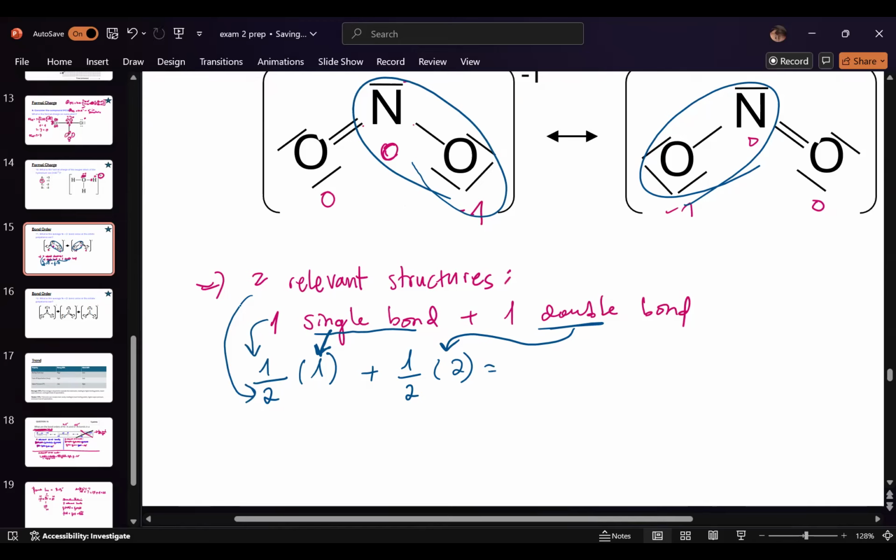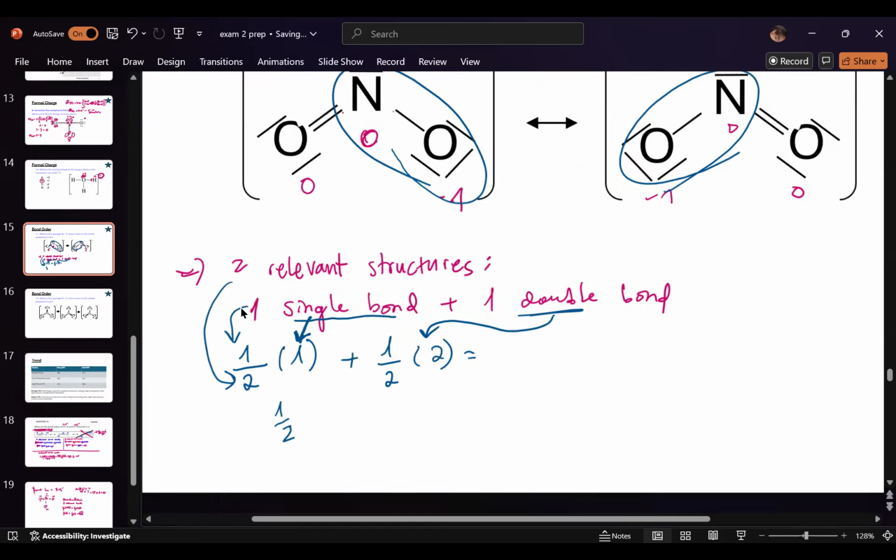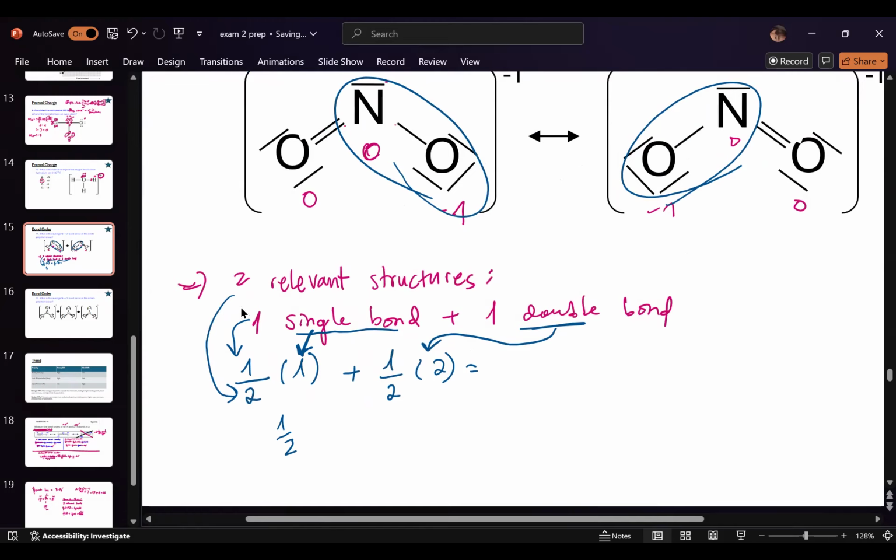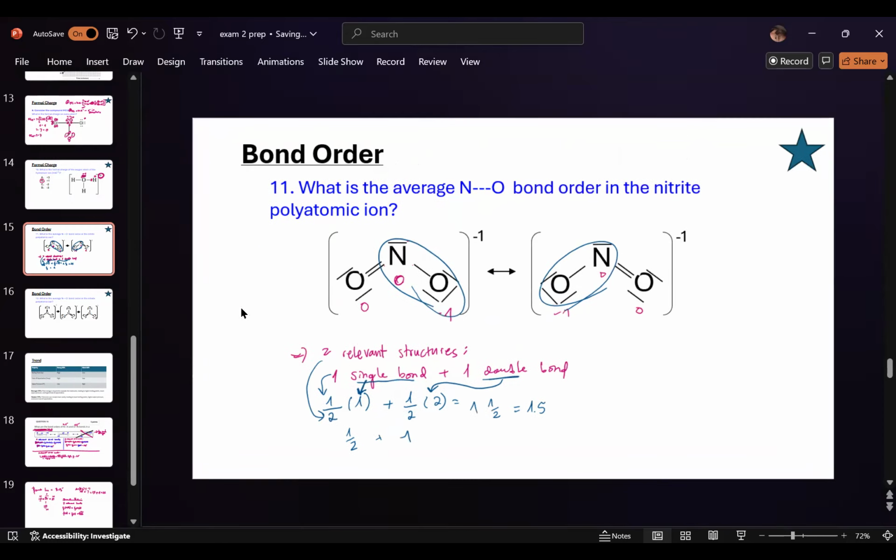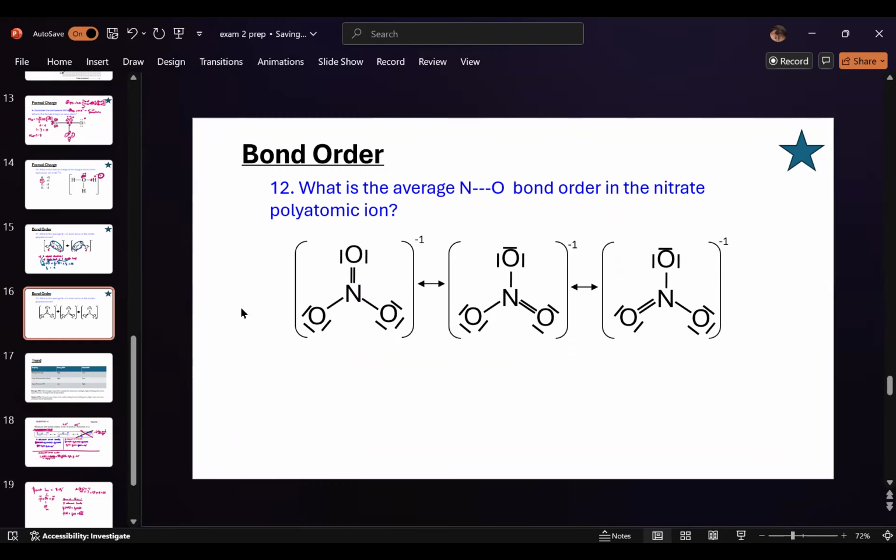So you do the math again. 1 times 1 is 1/2. 1 times 2 is 2, divided by 2 is 1. 1 plus 1/2 is 1.5. Same thing, different ways to explain it. I really like this way better because you visualize it a lot better, right?